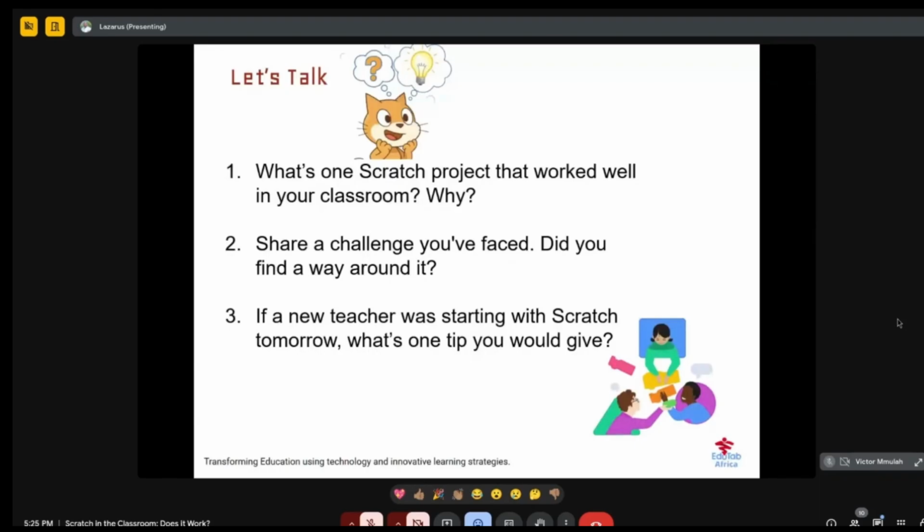Yes, we designed a game on keeping our environment clean, where we could input some questions, and when you fail one particular question, the area becomes dirty. But when you get it right, there is a bowl that collects the falling dirt. Yes, and you could find the learners enjoying it until the end.